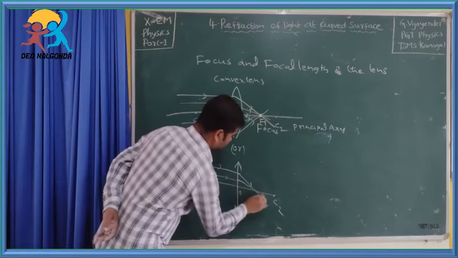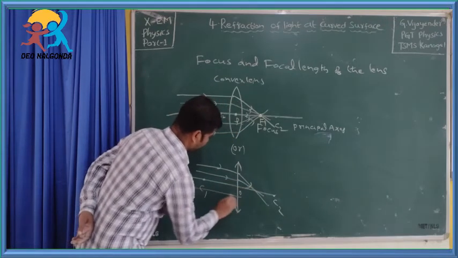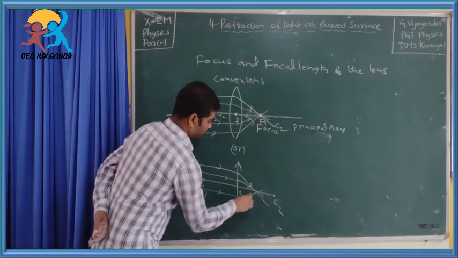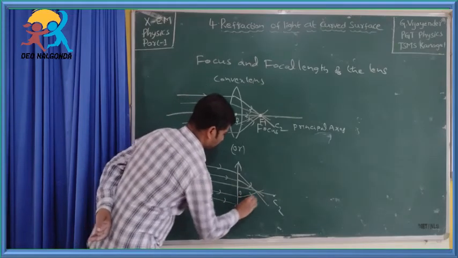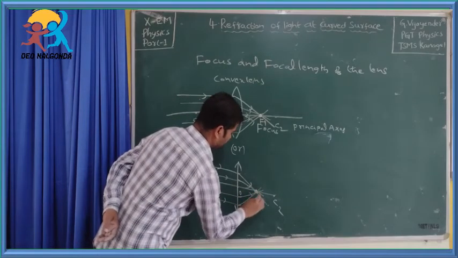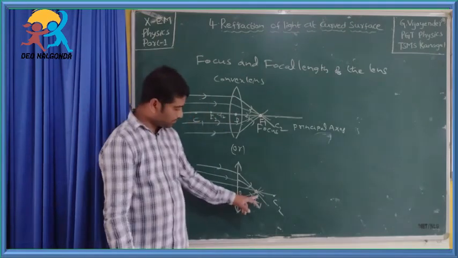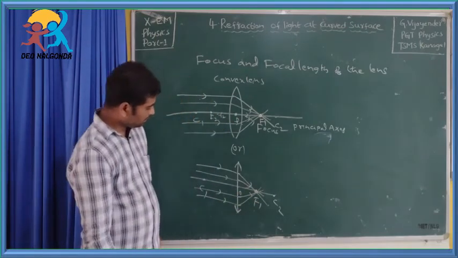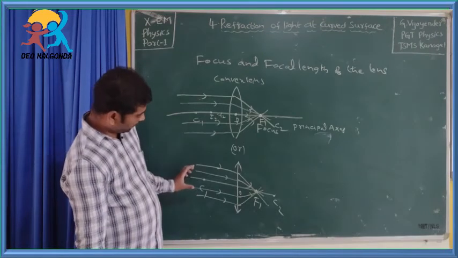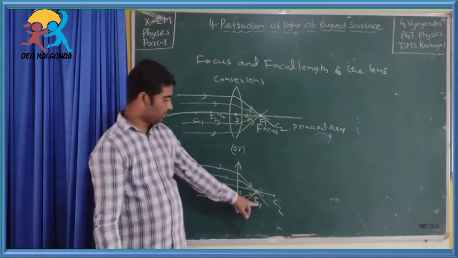This is the incident ray, this is the refracted ray. All refracted rays converge at this point, which is called focus F1. This converging point of the refracted rays on the convex lens is called focus F1.